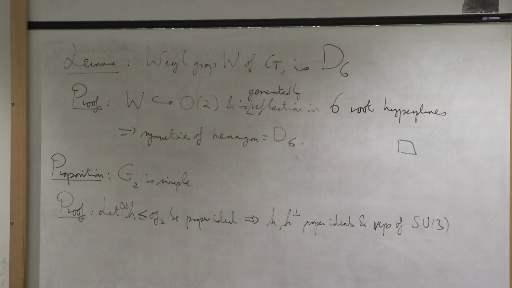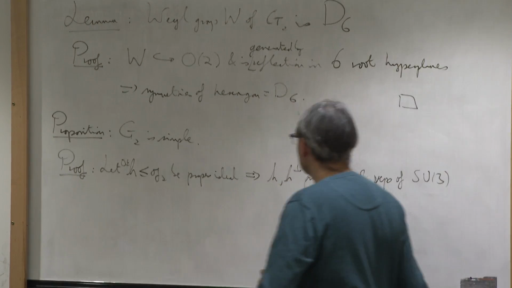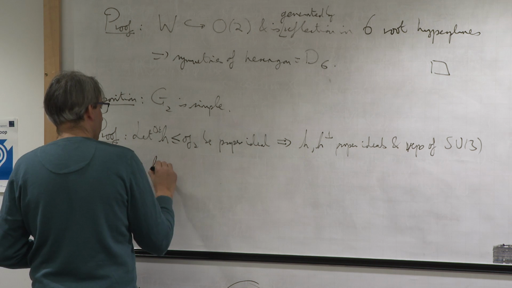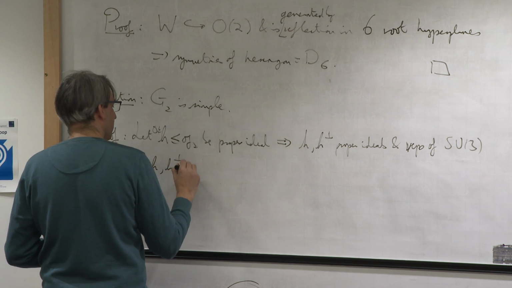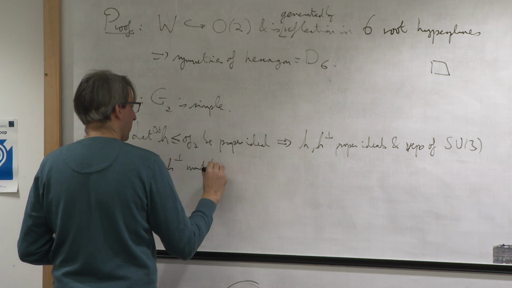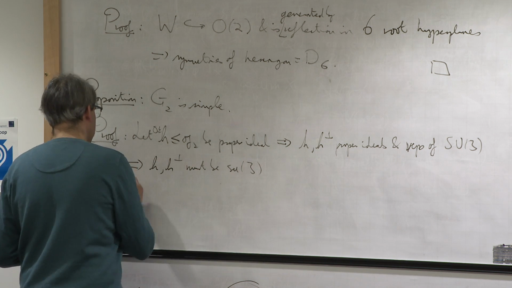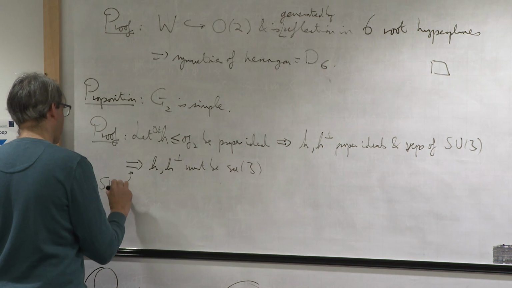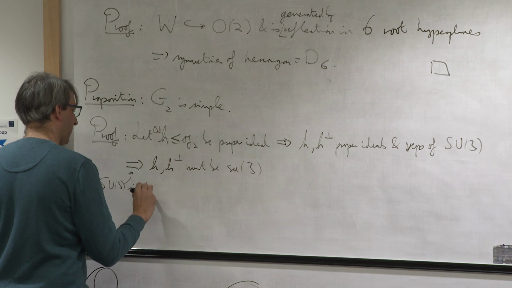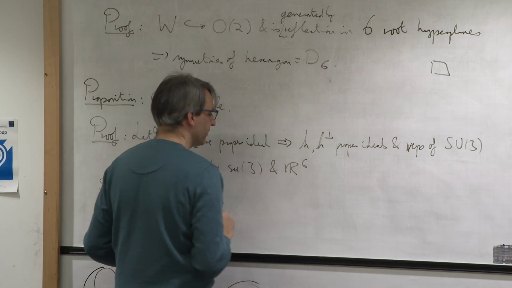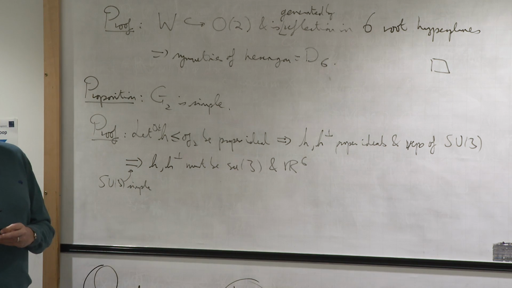This is going to imply that H and H perp must be SU3 and R6, because SU3 is simple. That's what they must be.